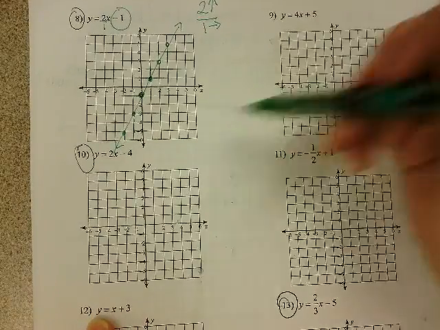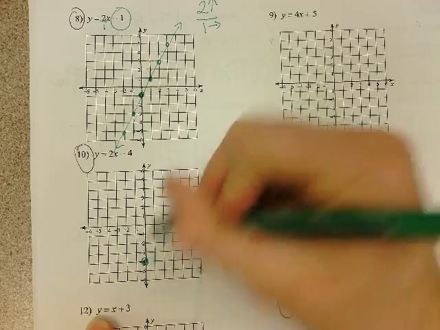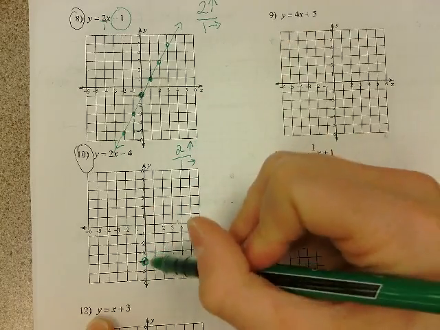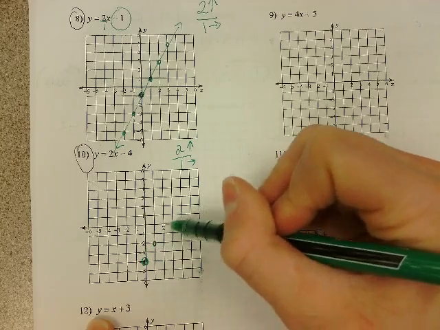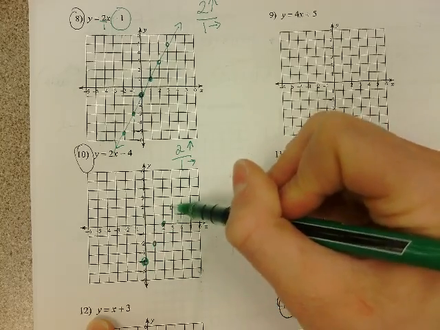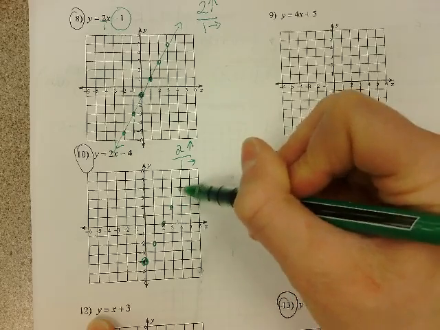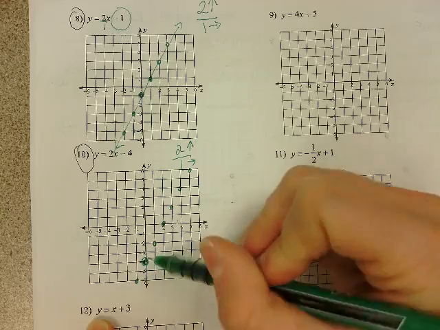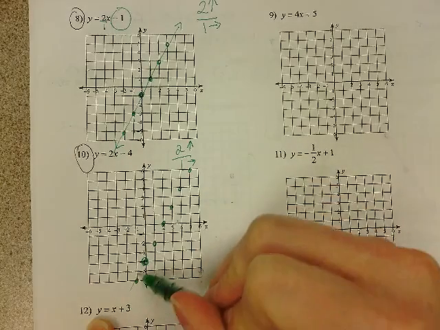All right, for number 10, start at negative 4. So that means up 2, right 1. So up 2, right 1. Okay. So there's my other line.